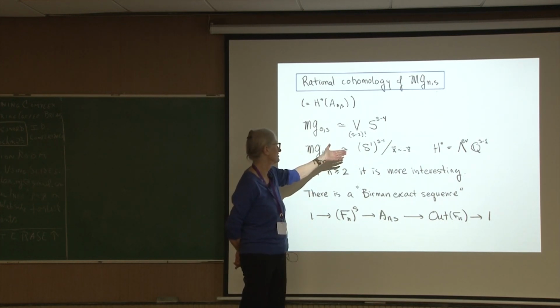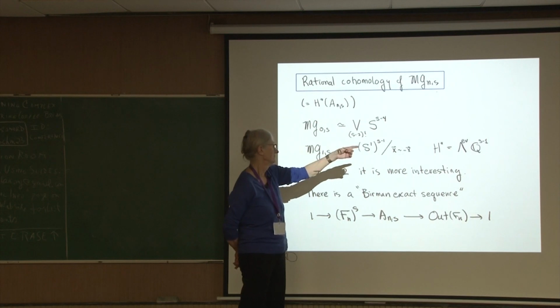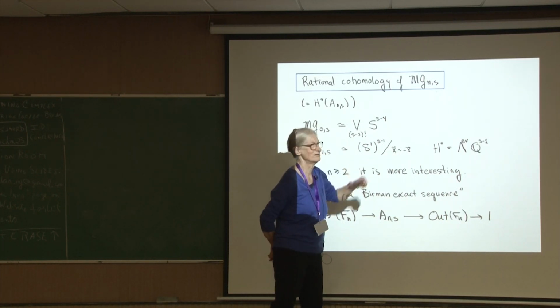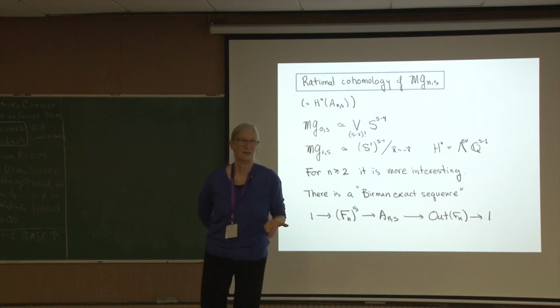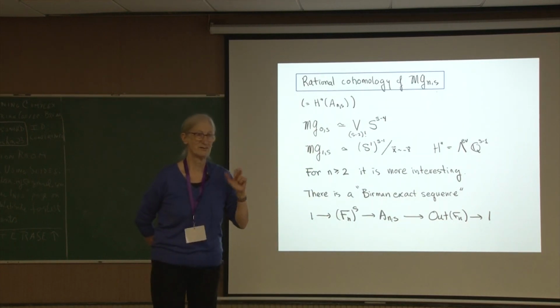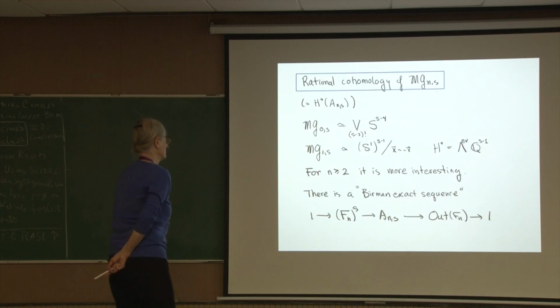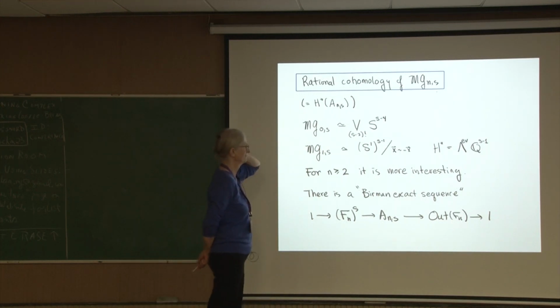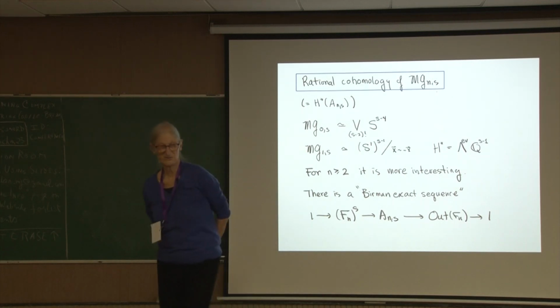The cohomology of a torus is just the exterior algebra on the vector space of dimension S minus 1. But if you mod out by this relation, all you get is the even part of the exterior algebra. So that also is pretty easy to compute. But for n equals 2, it's more interesting.